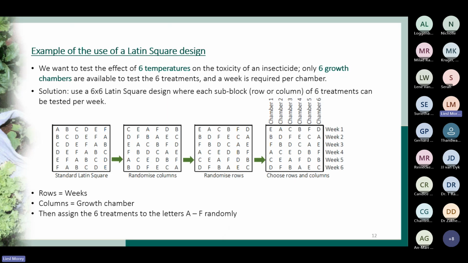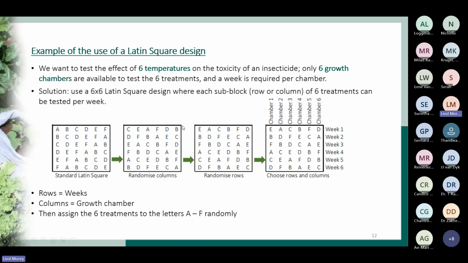So here we're going to have a chamber for each temperature, and then we're going to randomize which chamber is set at which temperature every week. So in the end, every chamber would have been set at each one of those 6 temperatures.